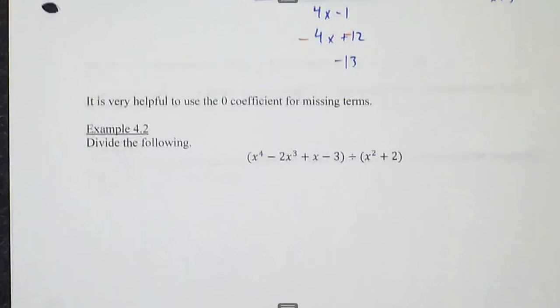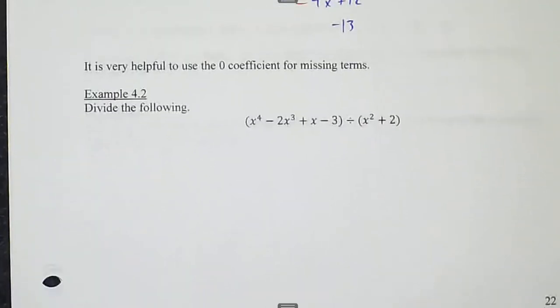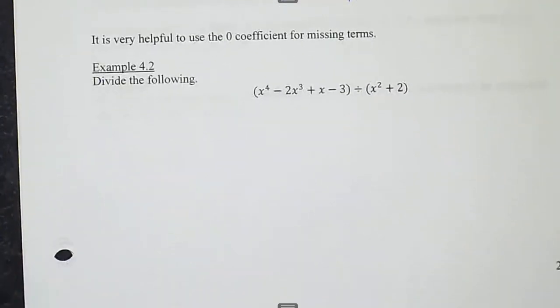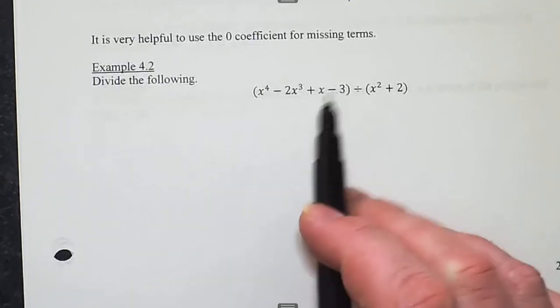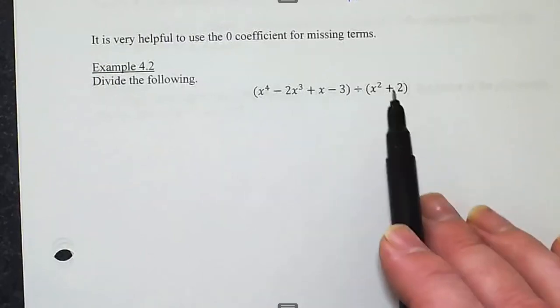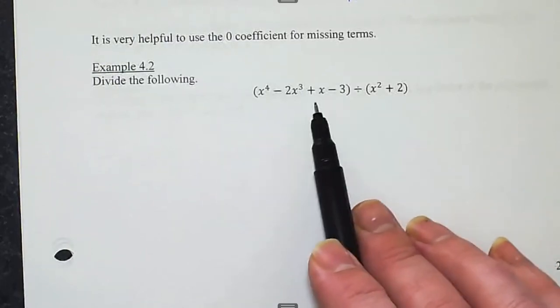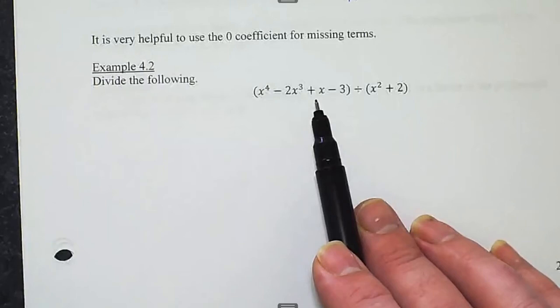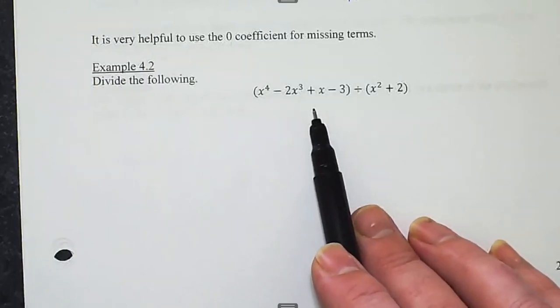All right. It is very helpful to use a zero coefficient for missing terms. This helps you keep things lined up. So let's take a look at this next example. You'll notice that I'm missing a term. I'm missing an x squared term here, and I'm missing an x term here. I recommend you use 0x here. Almost an absolute necessity, you use it here.